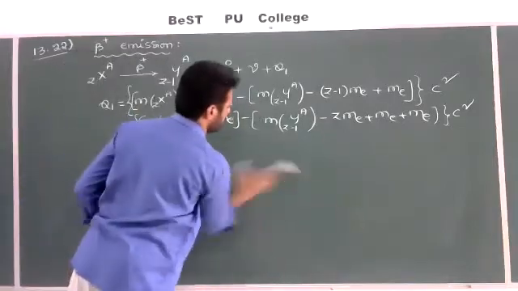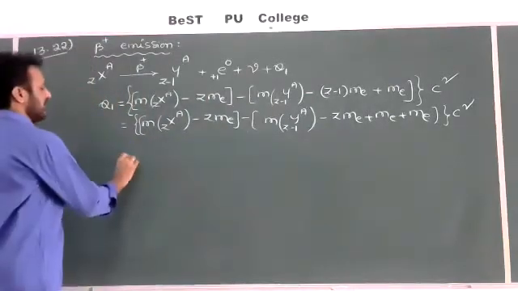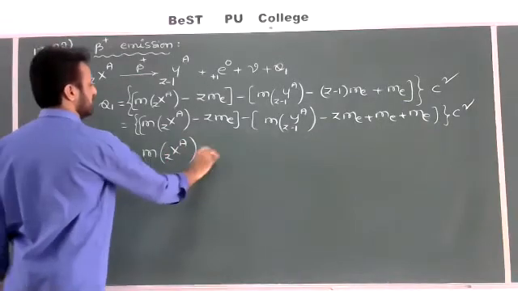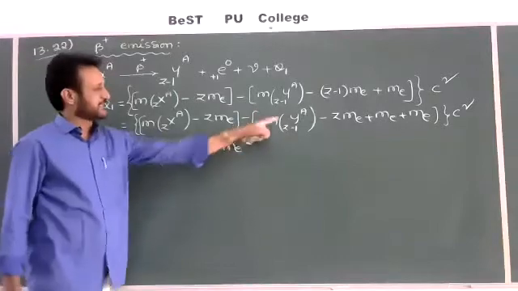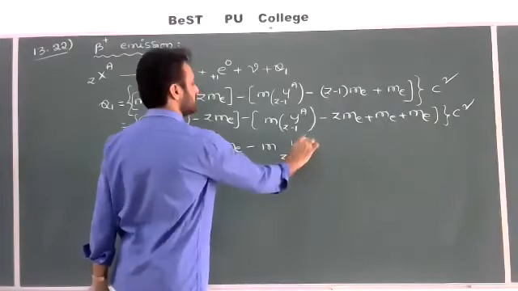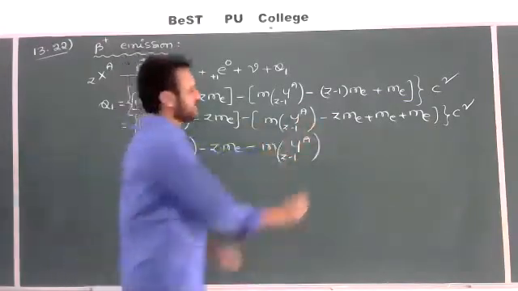Now if you open this bracket, the symbols will be changed. I'll write mass of XZA minus ZMe. If you open this bracket, here minus mass of Y Z minus 1 A, minus into minus plus ZMe.